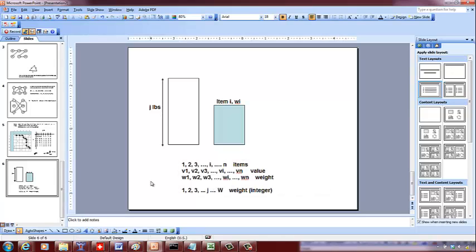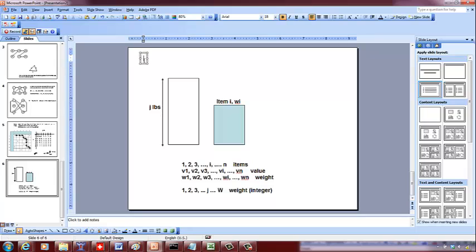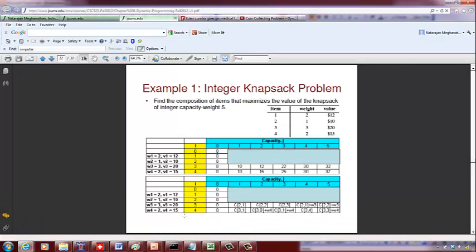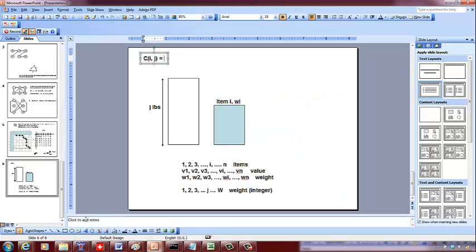Alright, so in general we can write the recursion. If c of i comma j is the value of the thing that we have collected, now when you're looking at item i, you can either leave item i or pick it up.